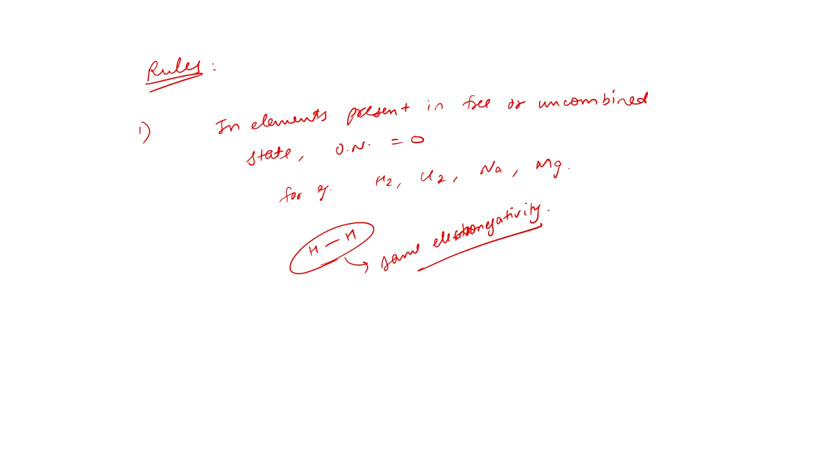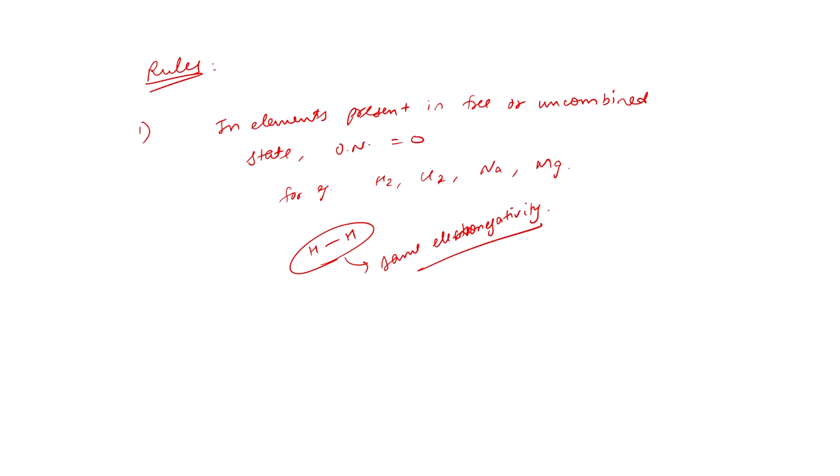Since the electronegativity of both hydrogens is the same, we can't assume any electron transfer from one to another. So, elements present in a free or uncombined state have oxidation number 0.